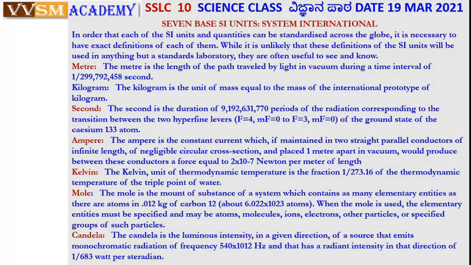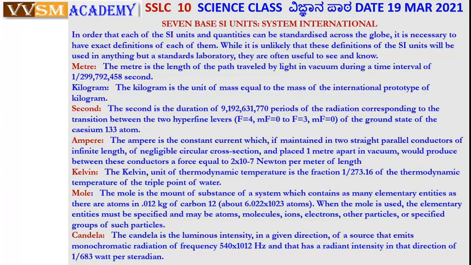Mole. The mole is the amount of substance of a system which contains as many elementary entities as there are atoms in 0.012 kg of carbon-12. When the mole is used, the elementary entities must be specified and may be atoms, molecules, ions, electrons, other particles, or specified groups of such particles.